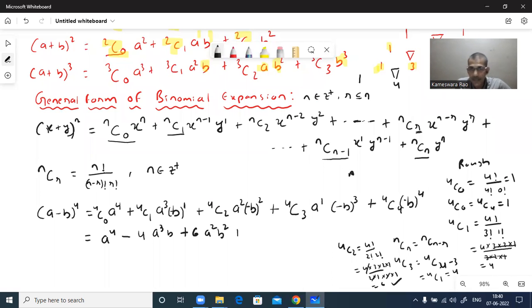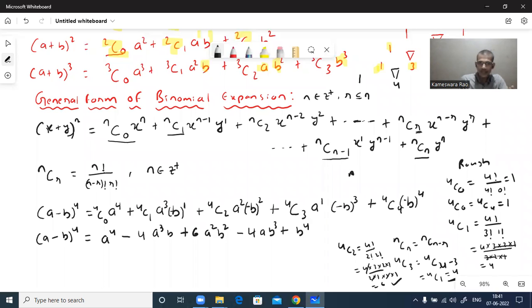Next, this minus is raised to odd power, so this term will come minus. 4C3 value is also 4, so 4 A into B cube. And 4C4 is 1, minus B whole power 4, raised to even power, so you will get a positive value. So this is the formula for A minus B whole power 4.